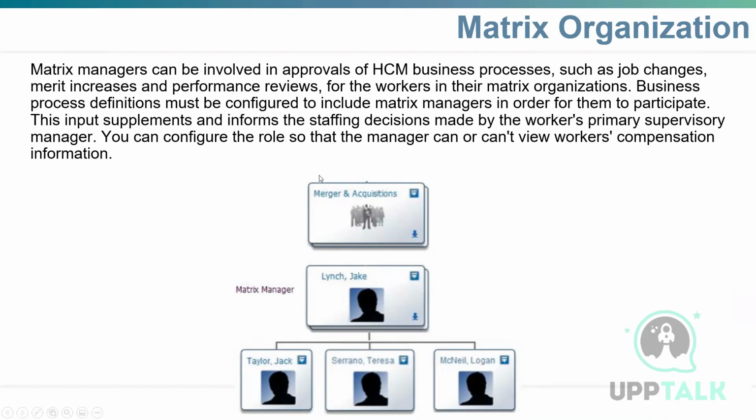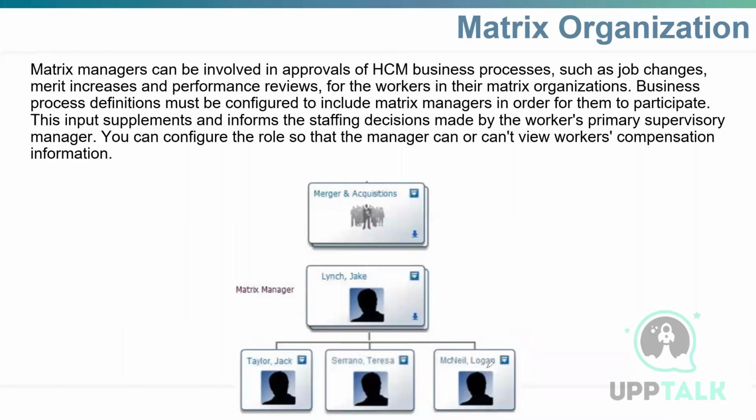So for example, here we have mergers and acquisition on the top as our supervisory organization. Jake Lynch is the manager for it, but he is also a matrix manager. And Jake Lynch has 3 people reporting to him as a matrix manager, where we can see that Logan McNeil is a CHRO.